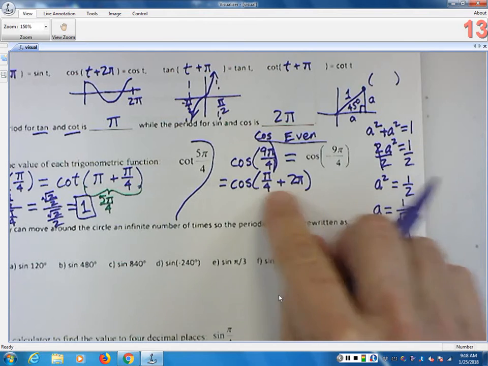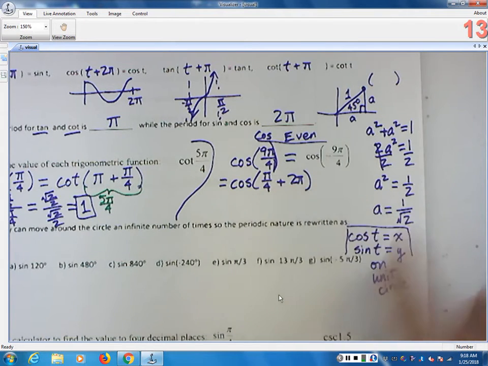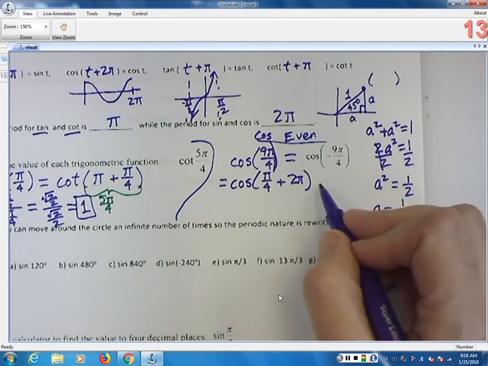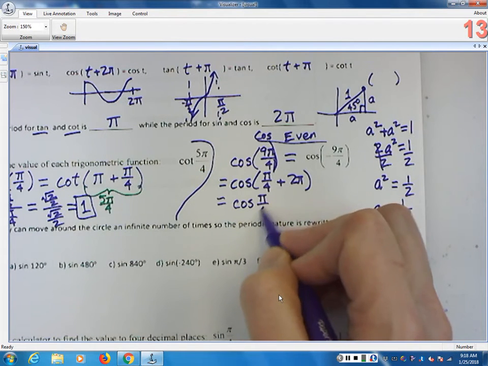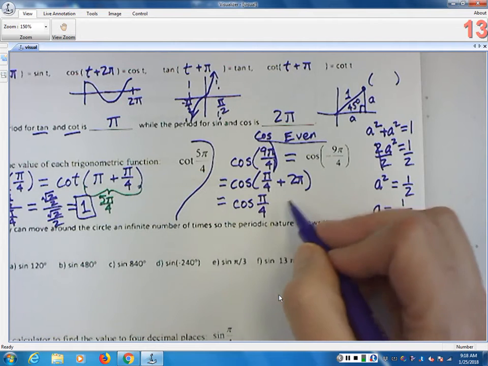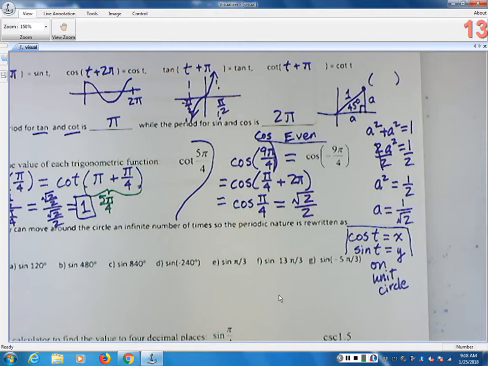Anytime you're adding 2 pi to the angle, that's all the way around the circle. So that just equals cosine of pi over 4. And we just showed that that was square root of 2 over 2. So we used the fact that cosine is even, and then we used the fact that it's periodic, and its period is 2 pi.